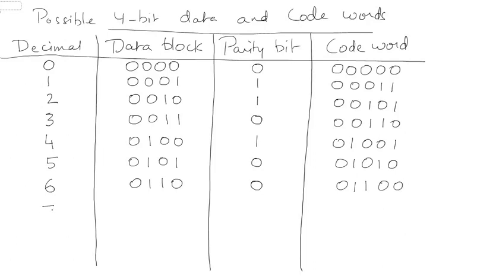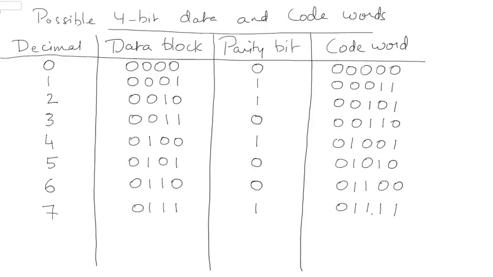Now for the decimal number 7, in binary we write it as 0, 1, 1, 1. Here odd number of ones are there, so put an extra 1. And the complete code word is 0, 1, 1, 1 and 1.